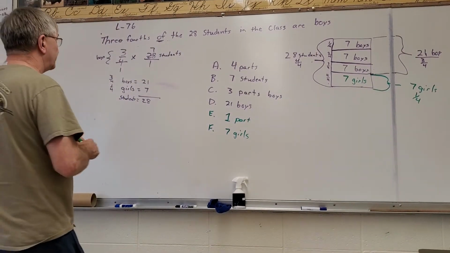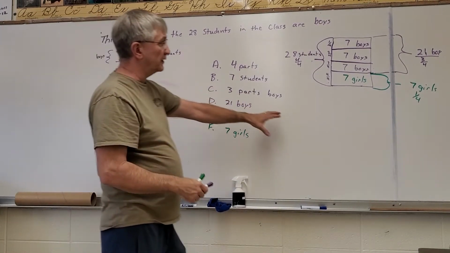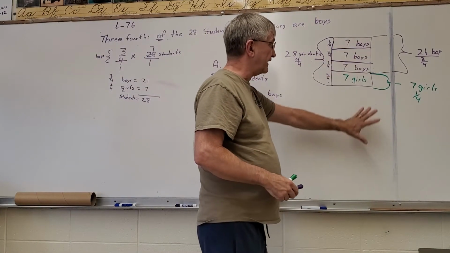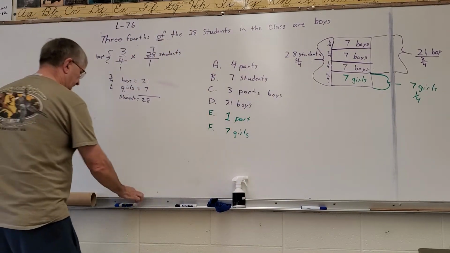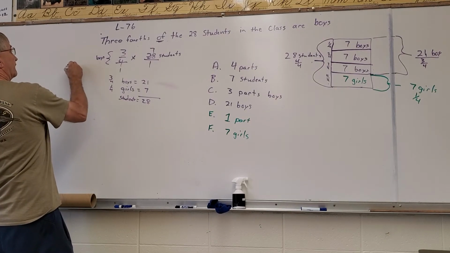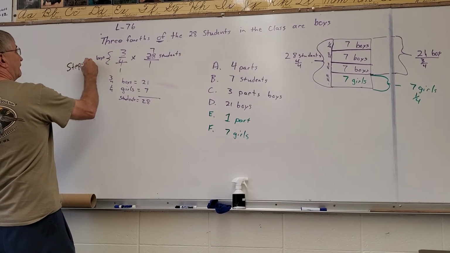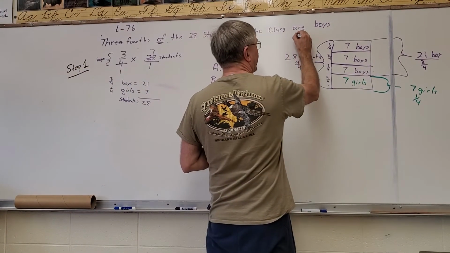This is why you have to interpret the information first, make your picture next, and then answer the question. If I went to steps on this, this would be step 1 over here, and this would be step 2 in here.